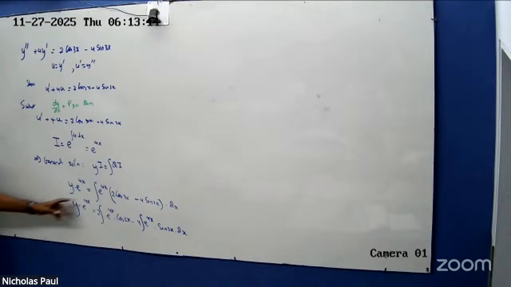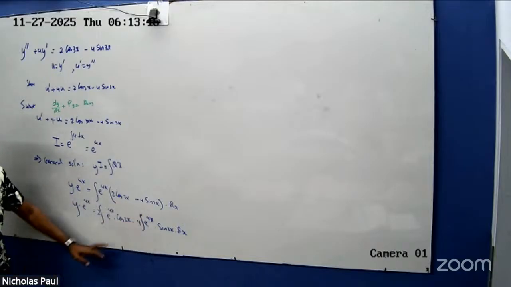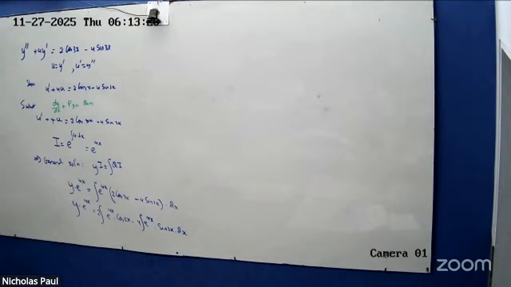I just multiplied it out for you. Reduction formula? Integration by parts. So you see why 13 marks? We have to do integration by parts on both sides.